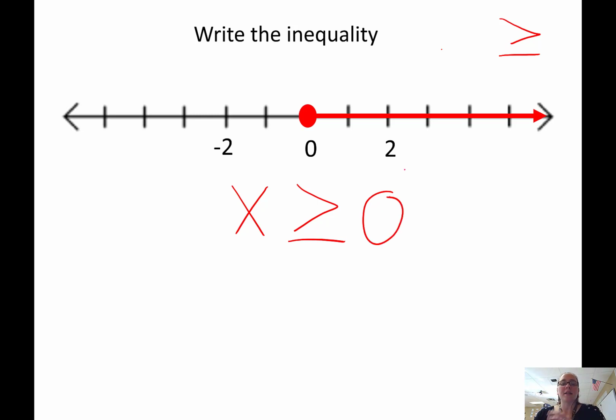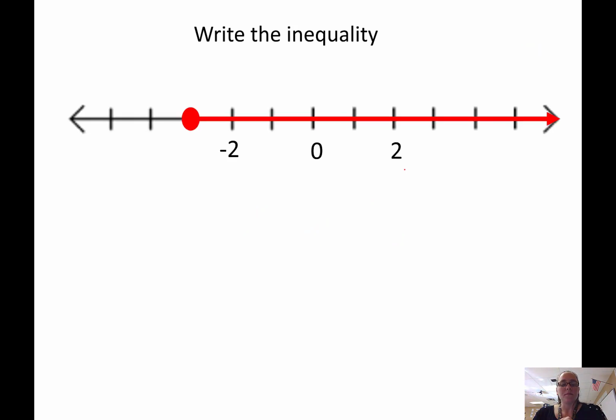So our inequality is x greater than or equal to 0. Next: open or closed circle? Closed. So we're going to do x is either less than or equal to or greater than or equal to. It is shaded to the right, so that tells me it is greater than. And we are at -3.